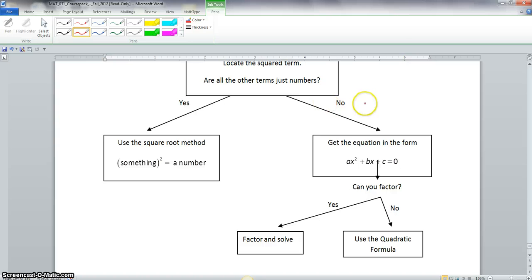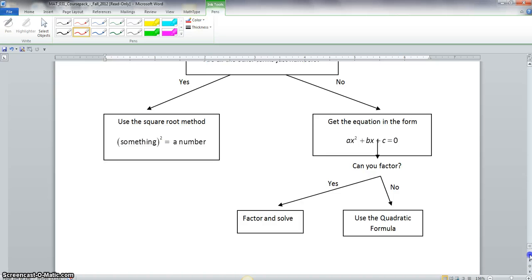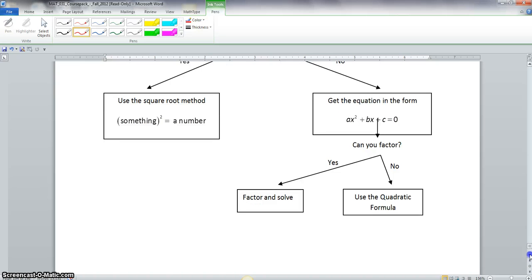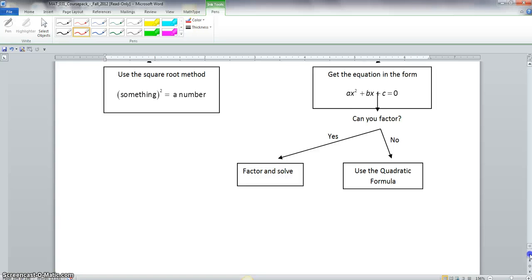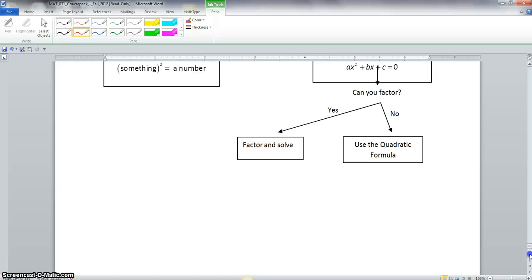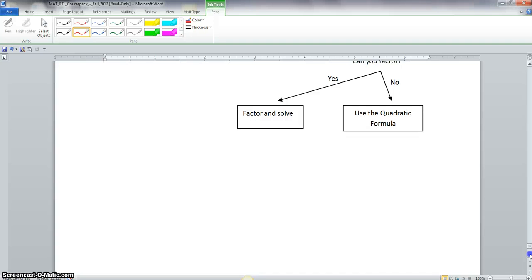If the answer to the first question is no, you have to determine if you do the factor and solve or use the quadratic formula. And that's based on this second question here. Now, of course, you could use the quadratic formula for any of them, and you could bypass looking at all these methods, but it's still very good for you to know which method to use.